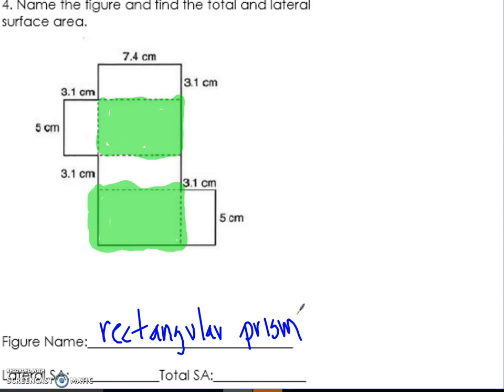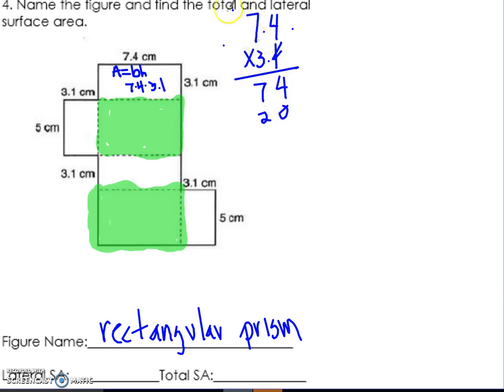Alright, so first we can find the area of each rectangle, so base times height. We can have 7.4 times 3.1. 1 times 4 is 4, 1 times 7 is 7. 3 times 4 is 12, 3 times 7 is 21, plus 1 is 22.